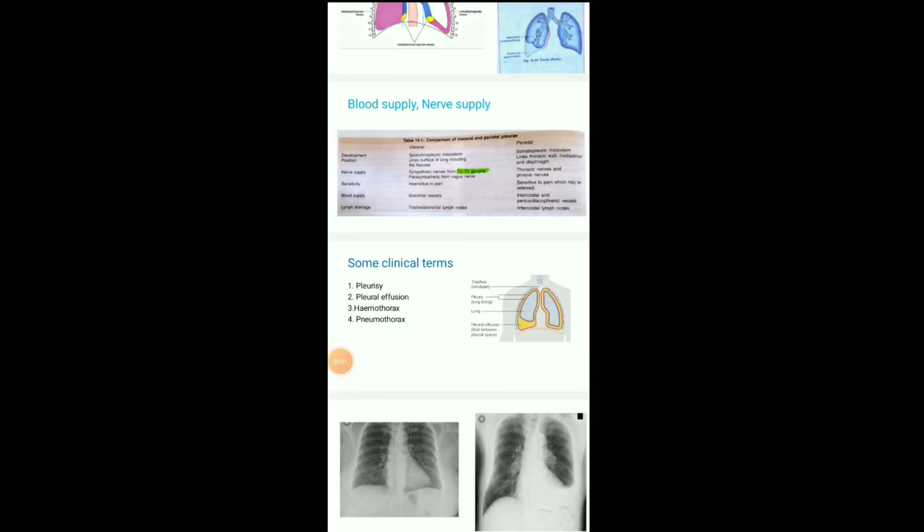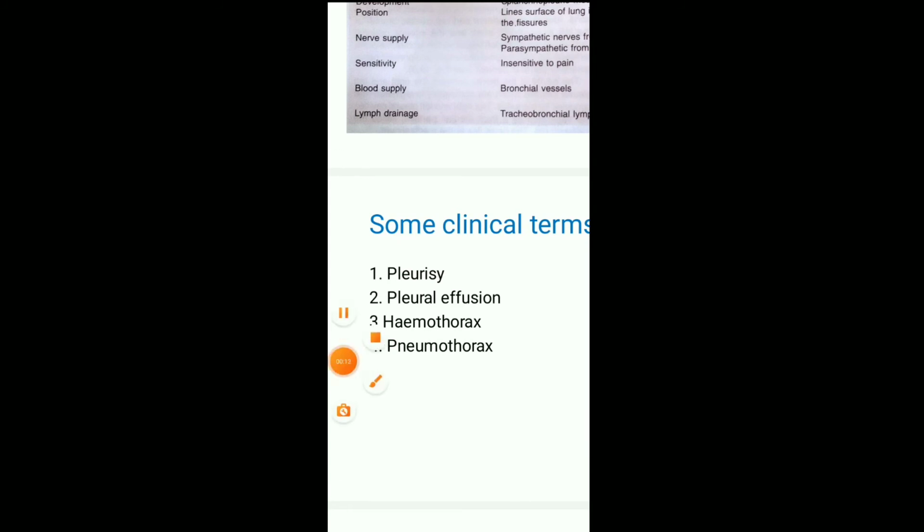Finally, have a look at some clinical terms. In this slide, we will mainly focus on pleural effusion, and we will also discuss hemothorax, pneumothorax and pleurisy to some extent. First, what is pleurisy?